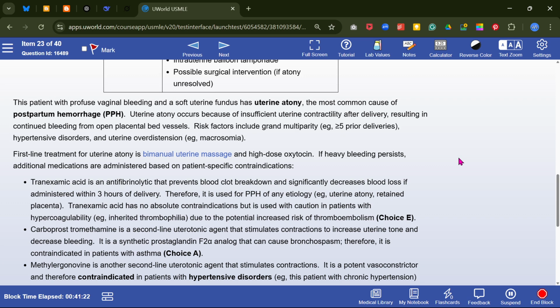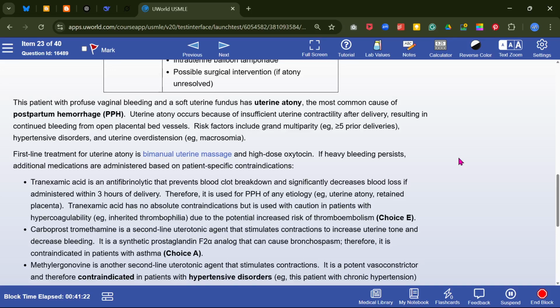Tranexamic acid is an antifibrinolytic that prevents blood clot breakdown and significantly decreases blood loss if administered within 3 hours of delivery. Therefore it is used for PPH of any etiology, uterine atony, retained placenta. Tranexamic acid is used with caution in patients with hypercoagulability, inherited thrombophilia due to potential increased risk of thromboembolism.